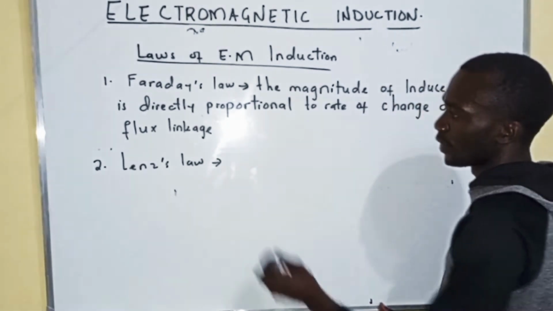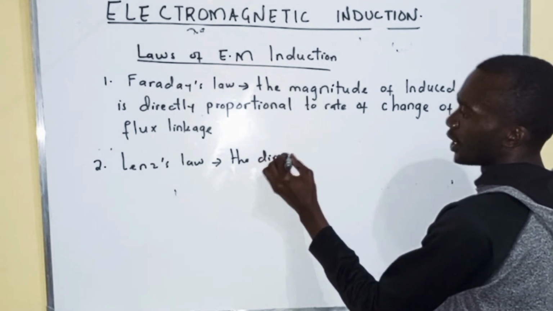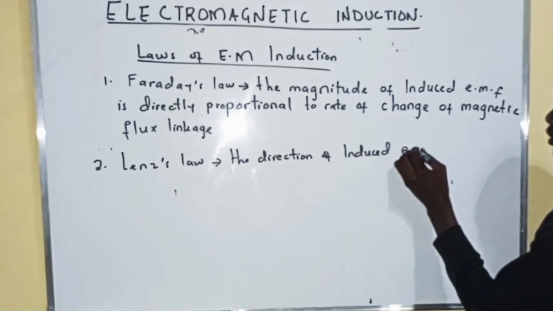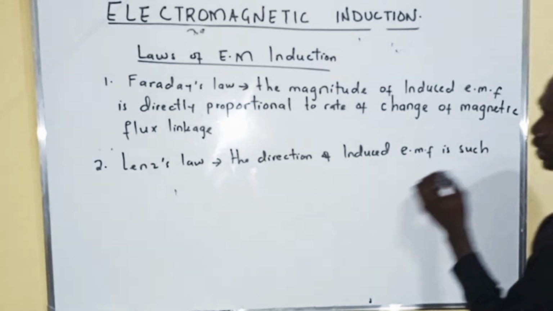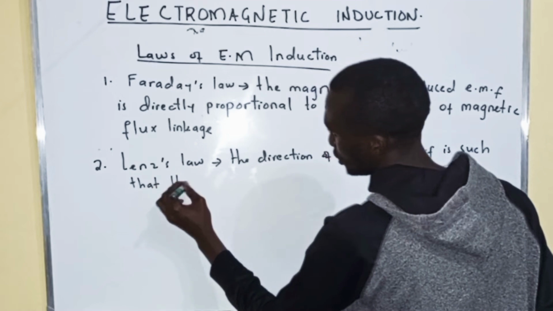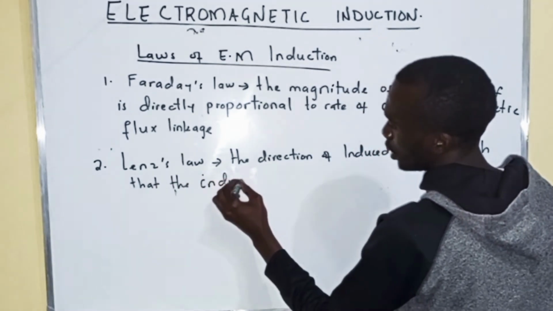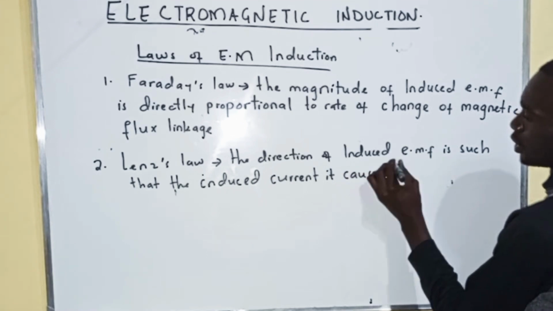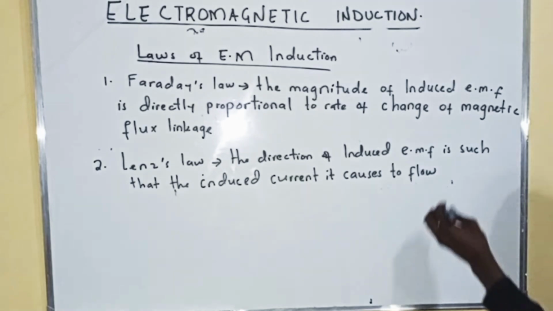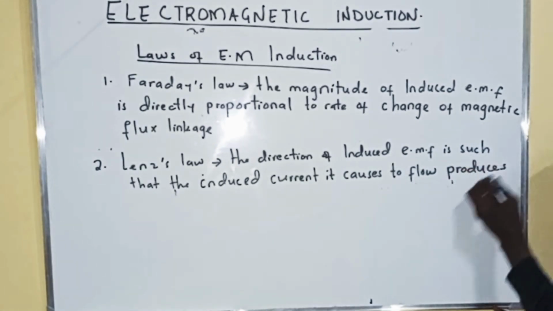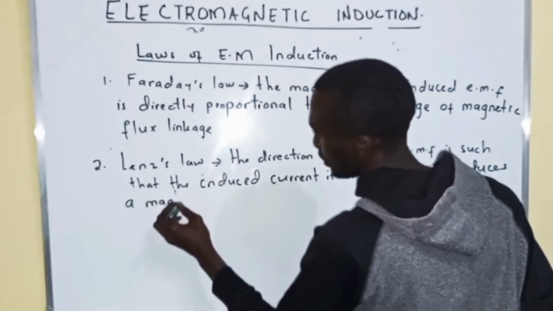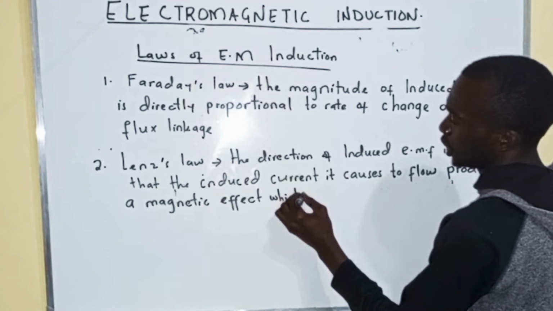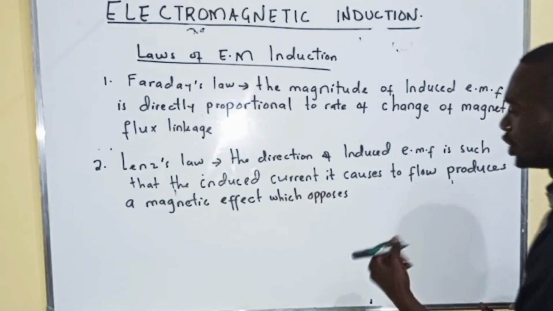He proposed that the direction of induced EMF is such that the induced current it causes to flow produces a magnetic effect which opposes the change producing it.